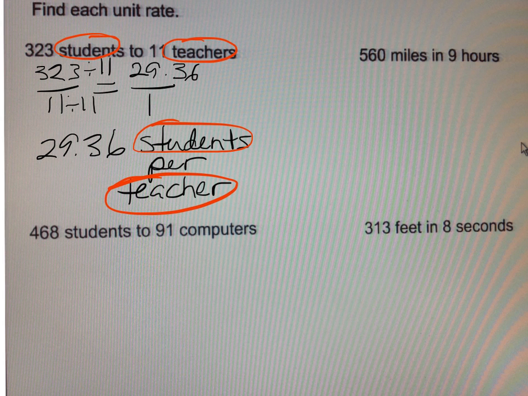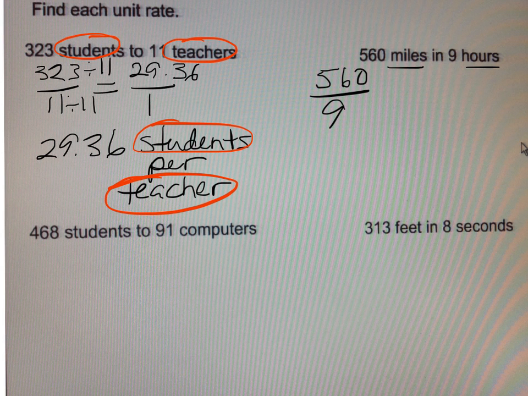So now let's look at an average speed problem. Anything that's comparing distance to time is an average speed. And so we're going to start with our fraction form. Let's write our rate as a fraction, 560 to 9 hours.